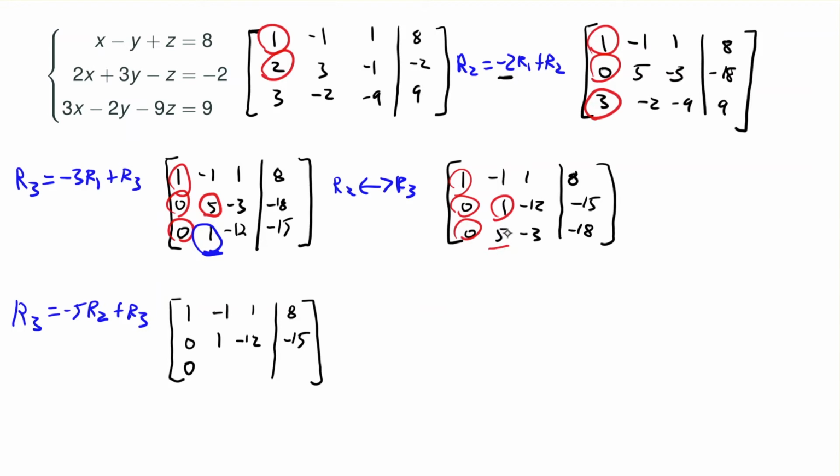Add to 5 gives us 0. -5 times -12 gives us +60. 60 add to -3 gives us 57. -5 times -15 gives us +75. Add that to -18 gives us 57.